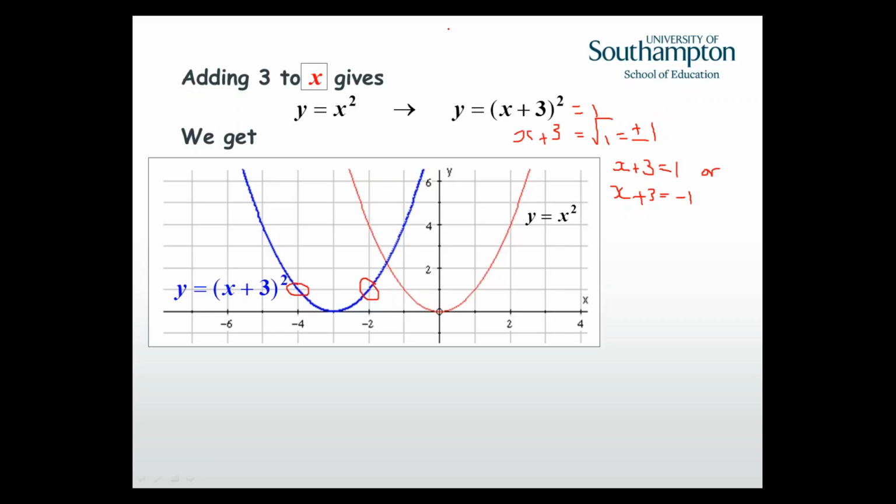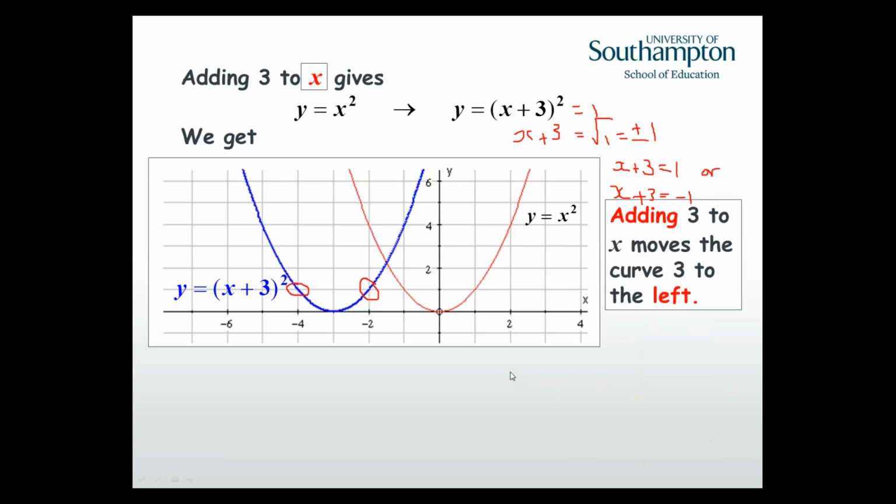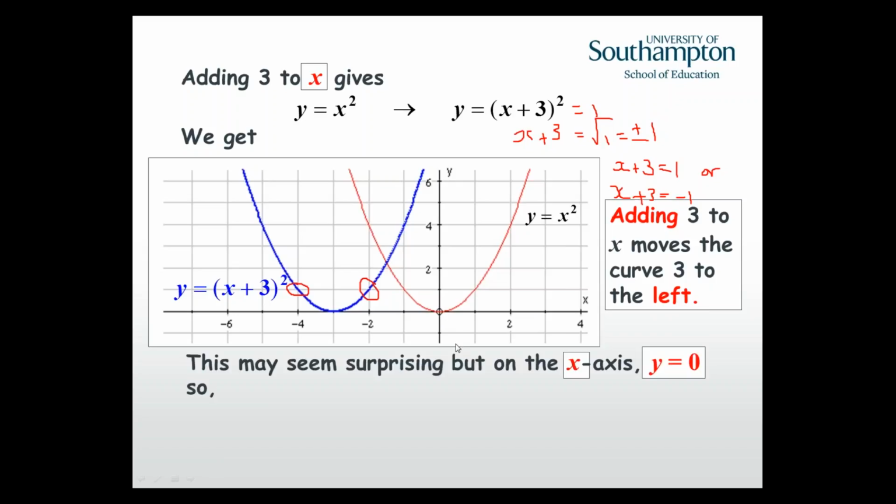So if you add things, it moves in the positive direction. If you take away things, it moves in the negative direction. It's the opposite to what you think when you've got x. So you add to the value of x, you're moving the graph to the left, to the negative way. And then ultimately, I think that's just what they remember. Adding, moving to the left, taking away, moves to the right.